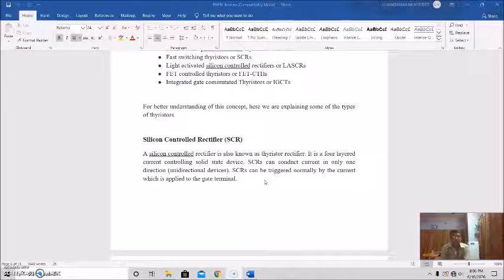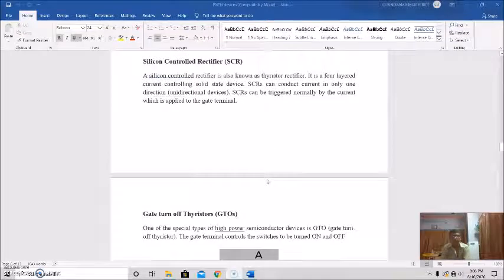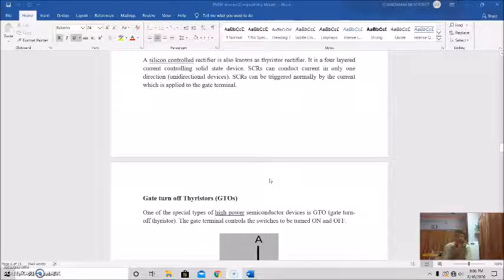It can conduct current in only one direction, that is, a unidirectional device, and it can be triggered normally by the current applied to the gate terminal. Later on we will discuss in detail its different characteristics, ratings, protection, and applications.